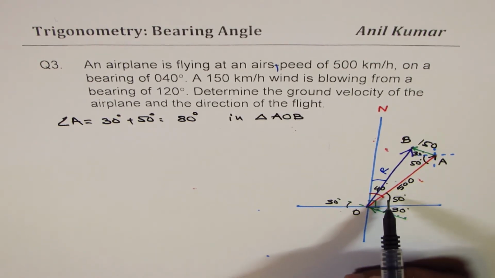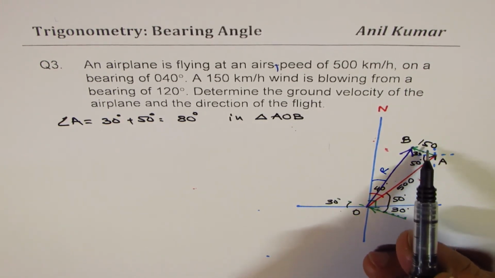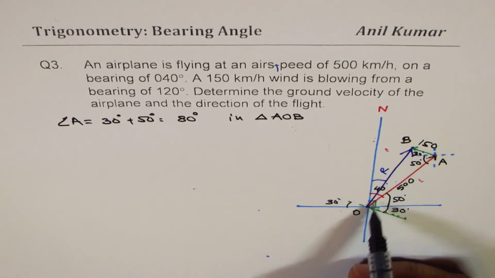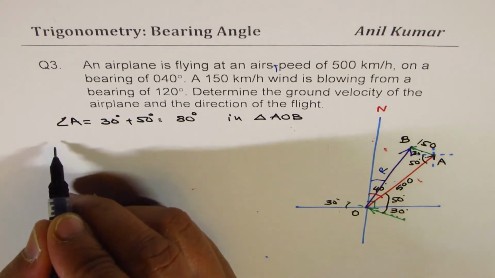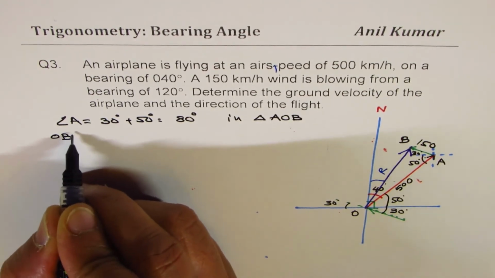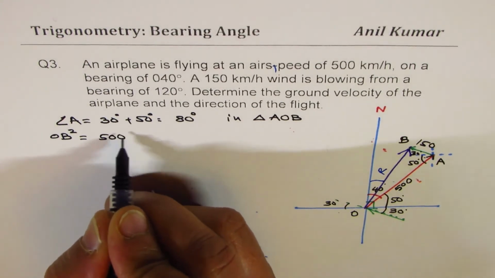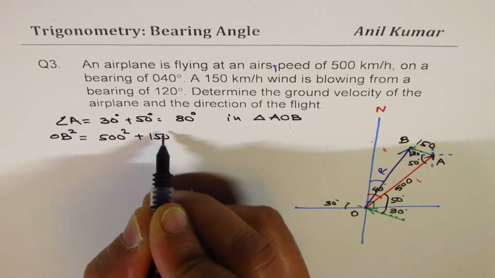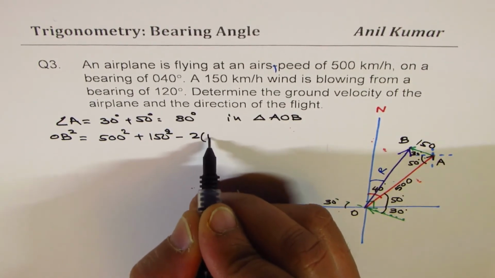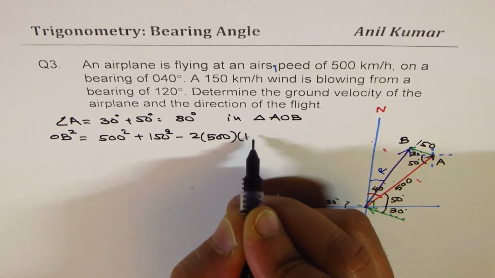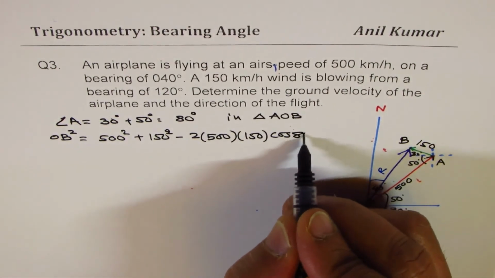Now, which is not very clear to us. But knowing one angle and two sides, we can find what OB is. So let's use cosine law and find OB. So OB square we'll find first, which is 500 square plus 150 square minus 2 times 500 times 150 times cos of angle, which is 80 degrees.